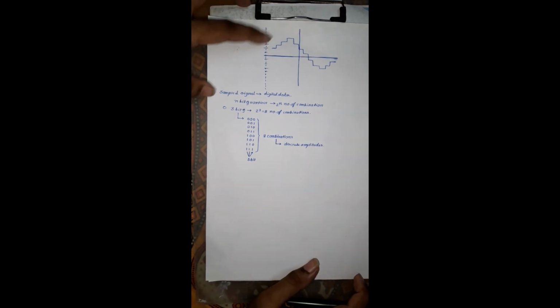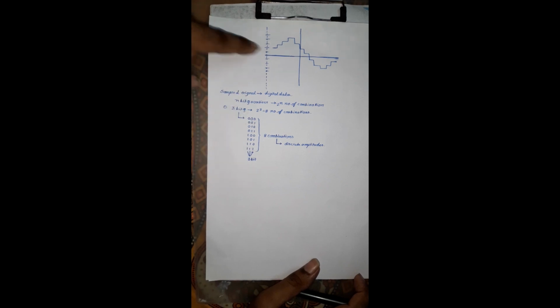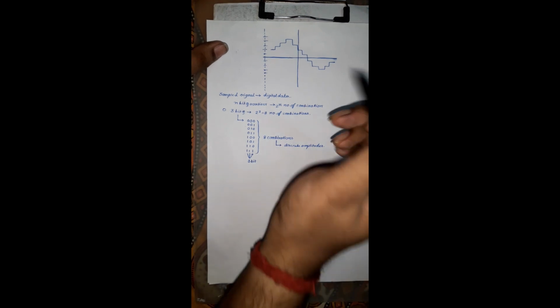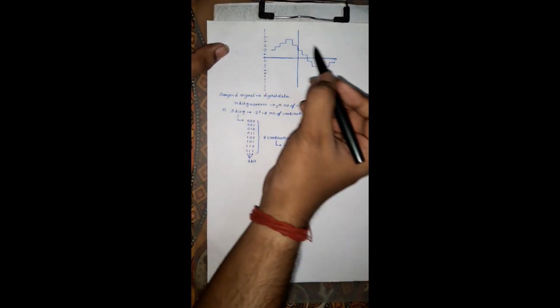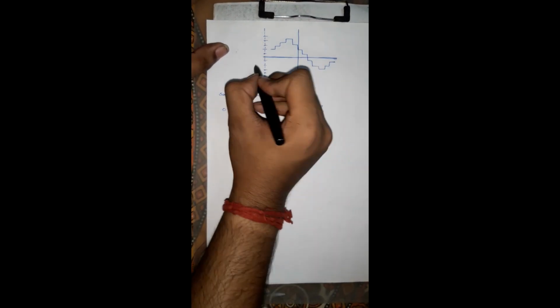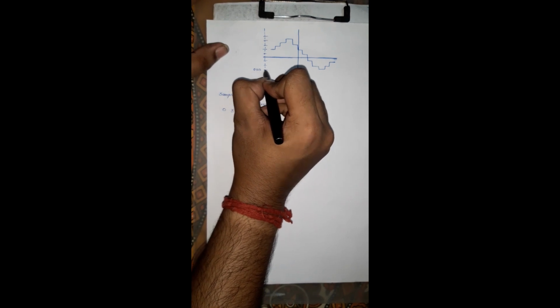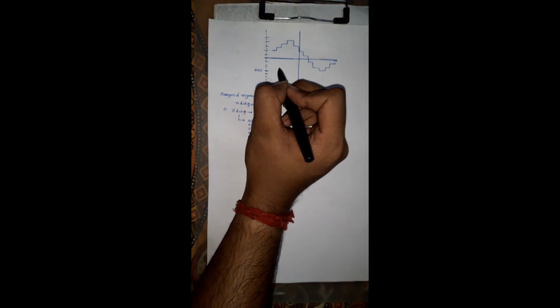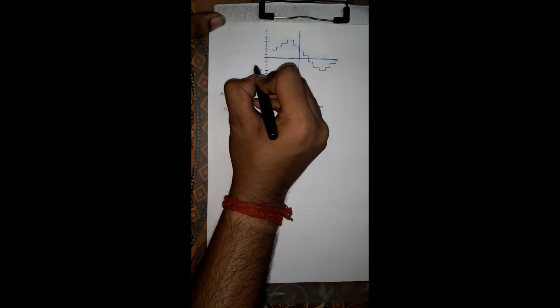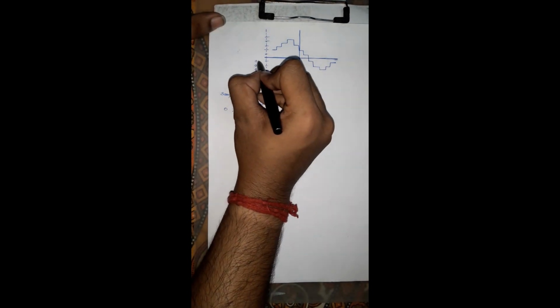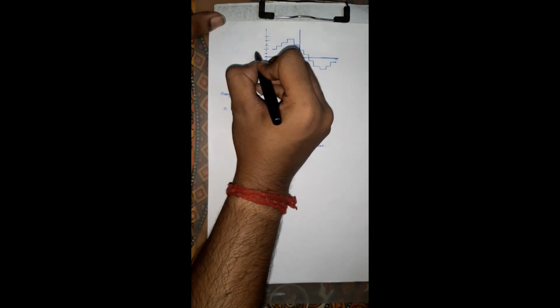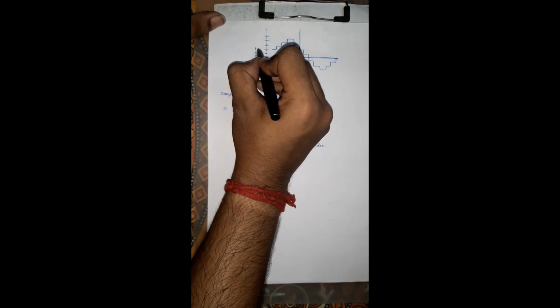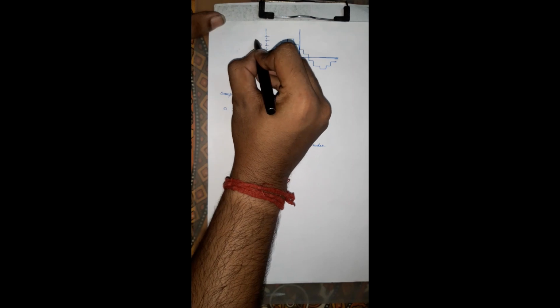Now how to assign it? Suppose this is 000, this is 001, 010, 011, 100, 101, 110, 111.